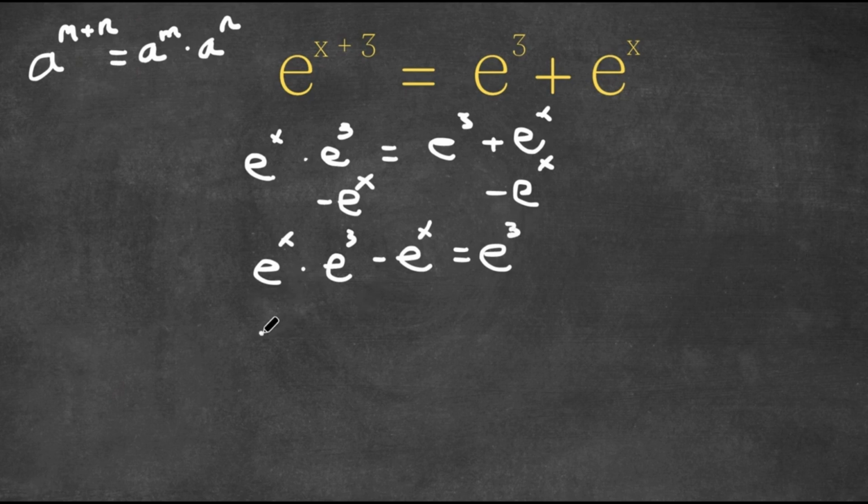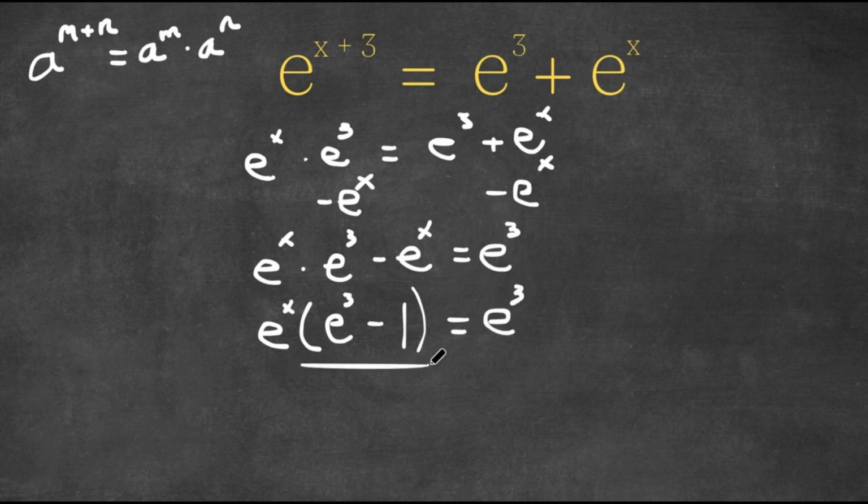So now if I factor out e to the power of x, we get e to the power of x times e to the power of 3 minus 1, because e to the power of x times e to the power of 3 divided by e to the power of x is simply just e to the power of 3, minus e to the power of x divided by e to the power of x is 1. This is equal to e to the power of 3.